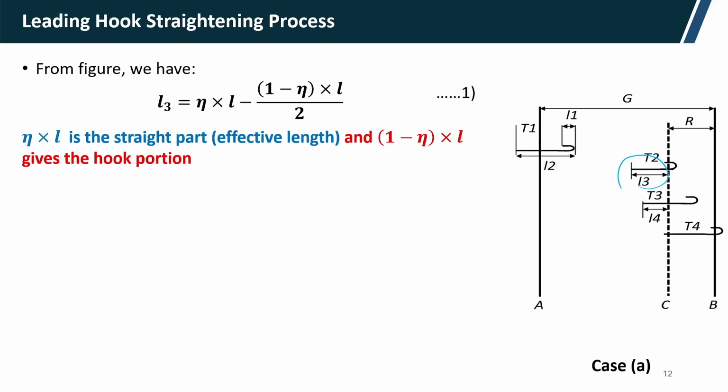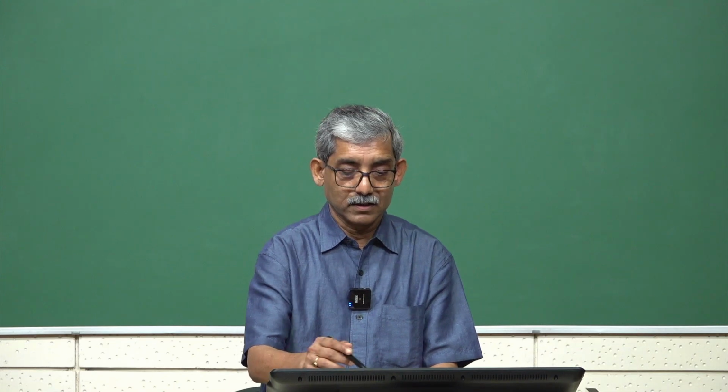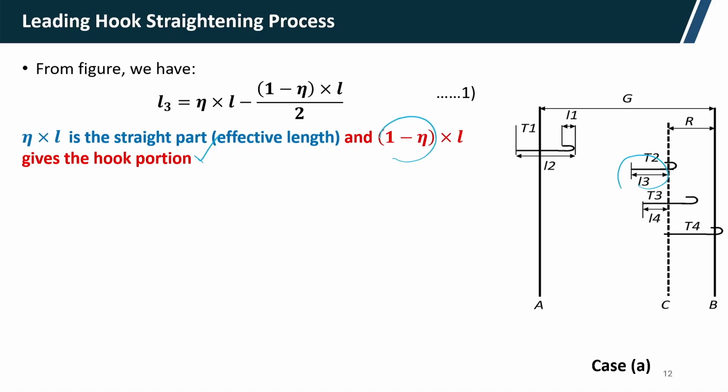So, eta L is the straightened part, that is the effective length, and (1 minus eta) into L gives the hook portion. So, eta is the fiber straightening point, and 1 minus eta is the fiber hook portion.